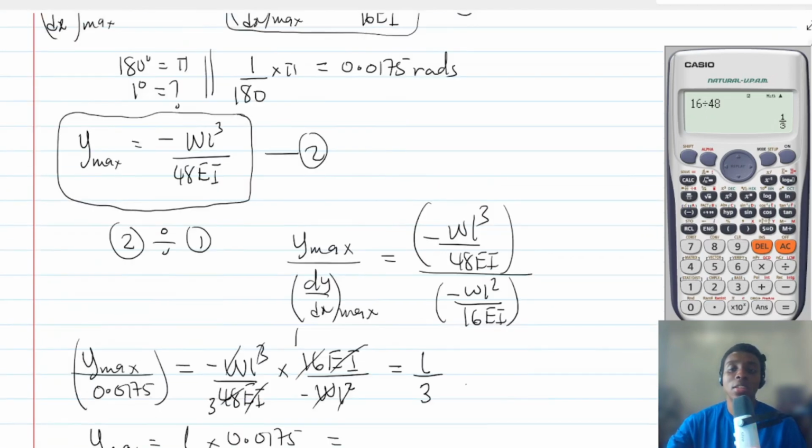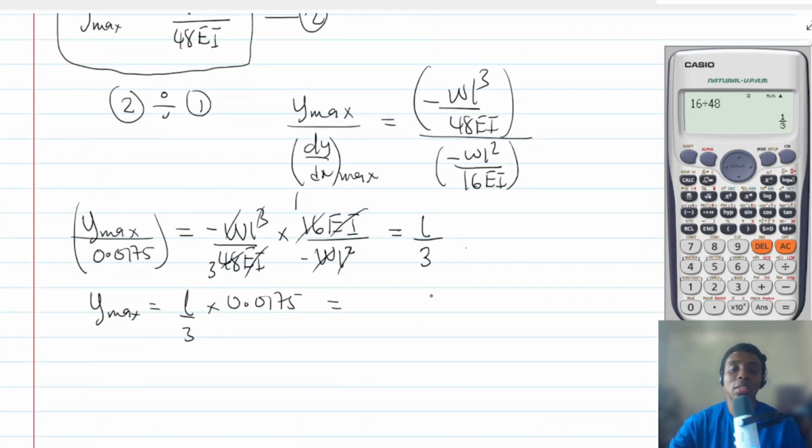The length was given in the problem as 4,000 millimeters, so it's going to be 4,000 divided by 3 multiplied by 0.0175. So our y max, the deflection that we need, will be 4,000 divided by 3 multiplied by 0.0175, and that's 23.3333.